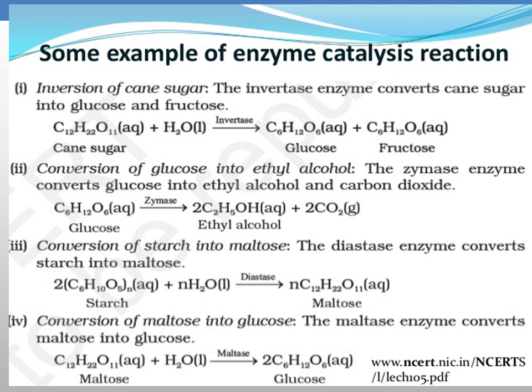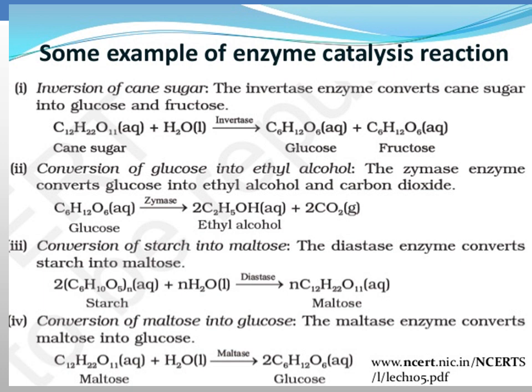It is hydrolyzed in the presence of the enzyme invertase in the acid medium to form glucose and fructose. This invertase enzyme is used only for this purpose. The second reaction, how glucose is converted to ethanol. These two reactions are the reactions that take place in the manufacture of ethanol from molasses.